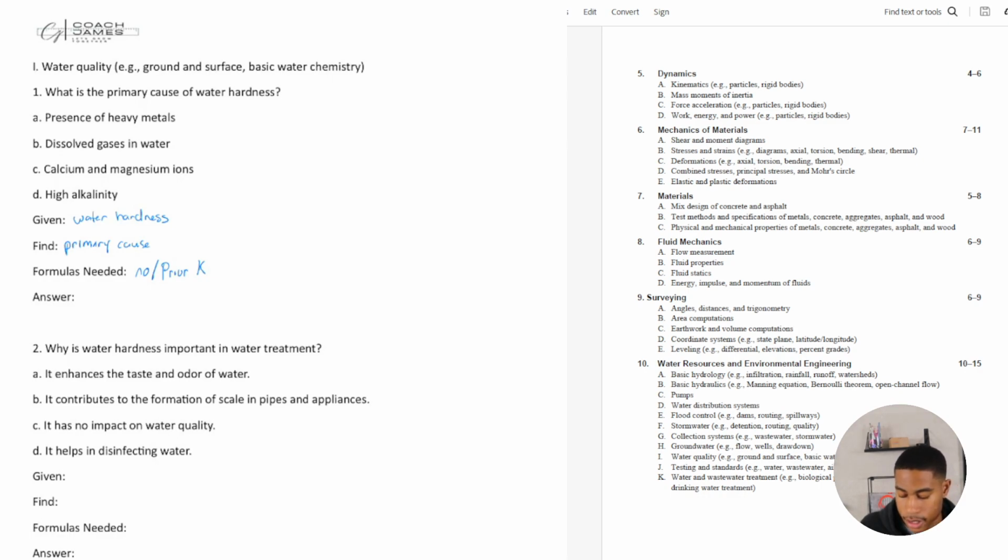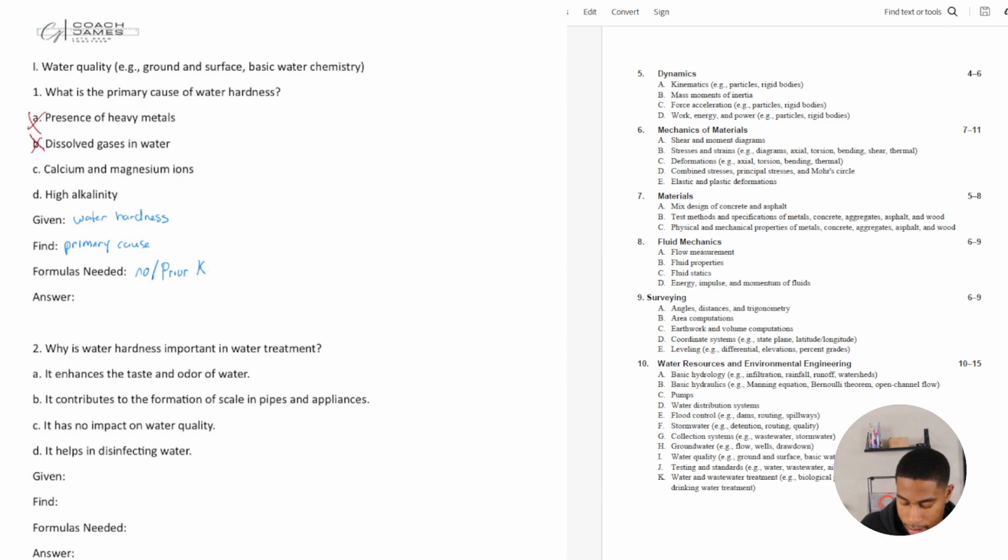Is it the presence of heavy metals? No. Is it dissolved gases in water that cause the water to be hard? No. Like dissolved gases like hydrogen, stuff like that, or oxygen? No. It doesn't make the water hard.